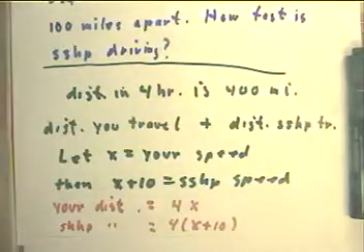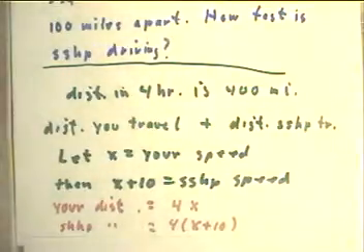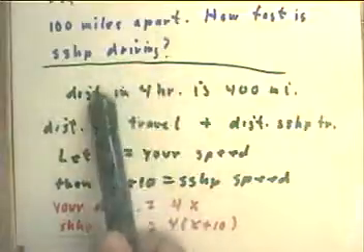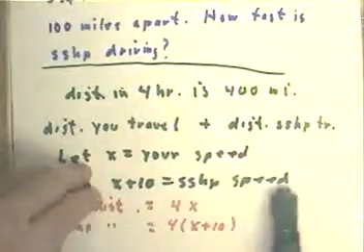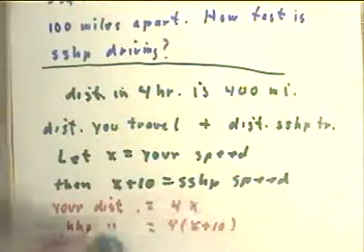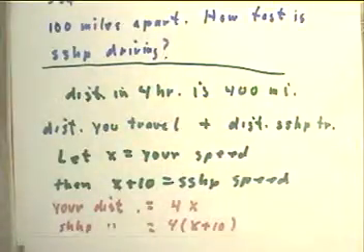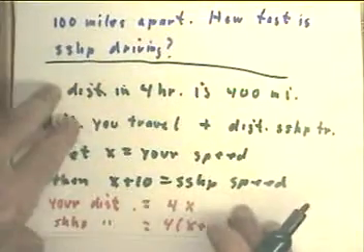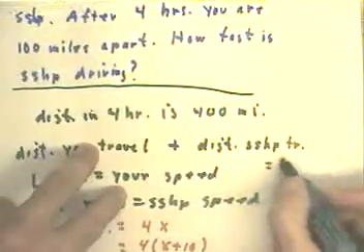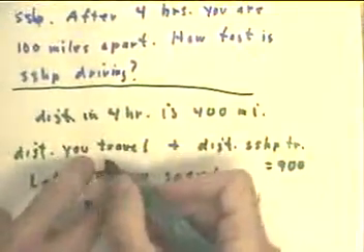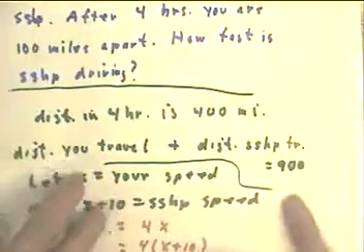And now we can write an equation for the situation. And we've already got an equation. Distance you travel plus the distance the other person travels is 900. You know, when I wrote this up here, I should have wrote equals 900. So we have the entire equation.